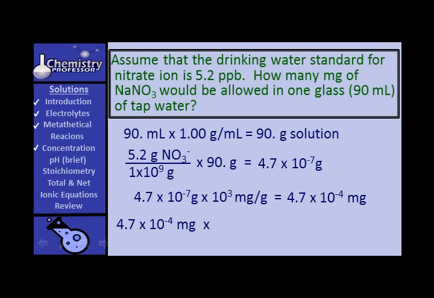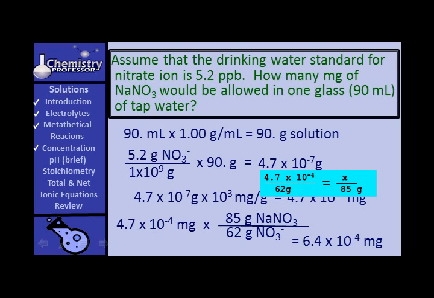So we take our 4.7 times 10 to the negative fourth milligrams of nitrate ion and multiply that by 85 grams of sodium nitrate per 62 grams of nitrate ion. Got that by adding those atomic weights. And when we do, we come out with 6.4 times 10 to the negative fourth milligrams of sodium nitrate that's allowed.